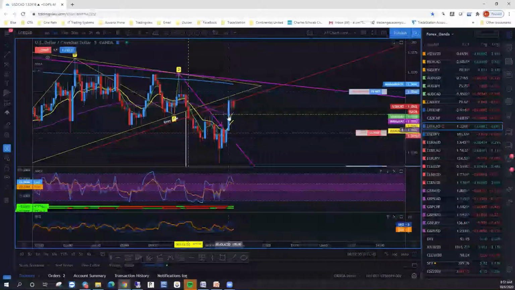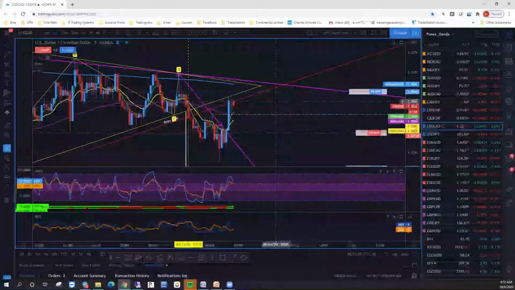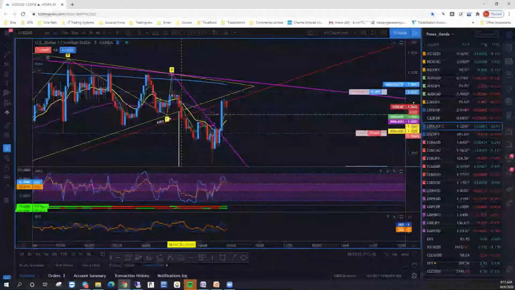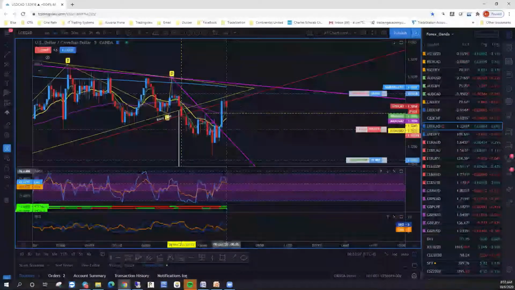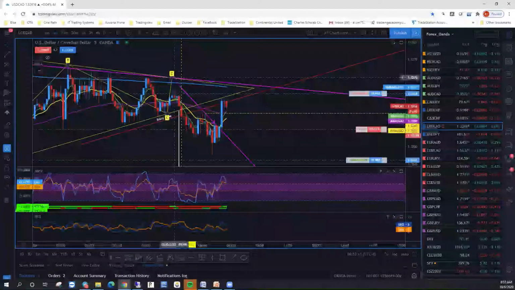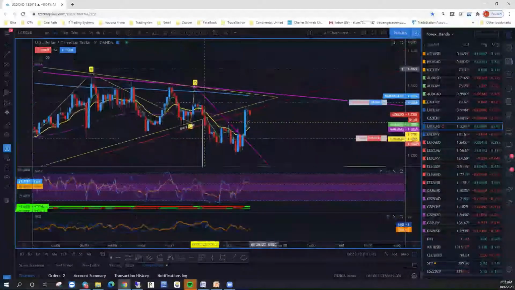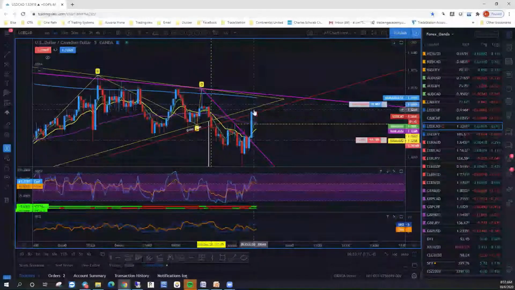So right now we're looking at a rally. Here's a little basing. We could get another rally. But we did have the hooks up. It came up a little bit lower hook. And in spite of all of this, it's still making lower highs.